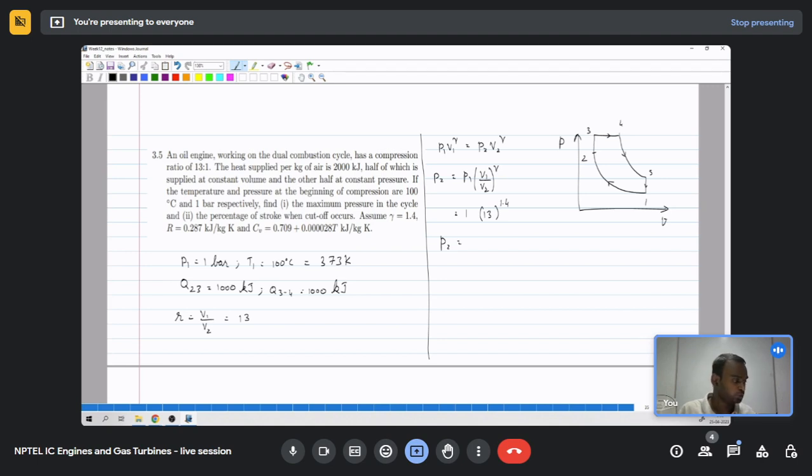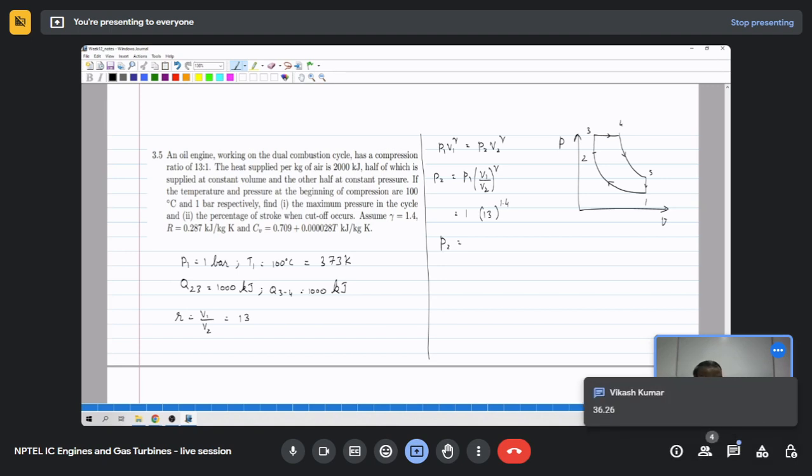So can you calculate the value of P2? It is 36.26 bar.